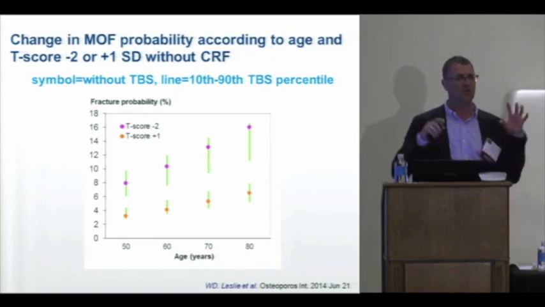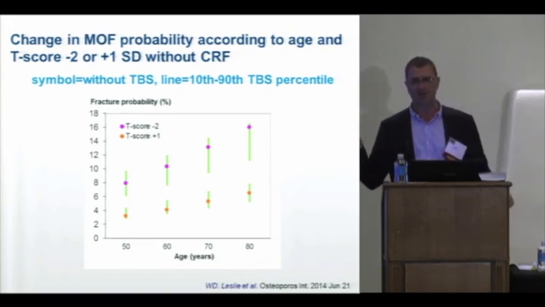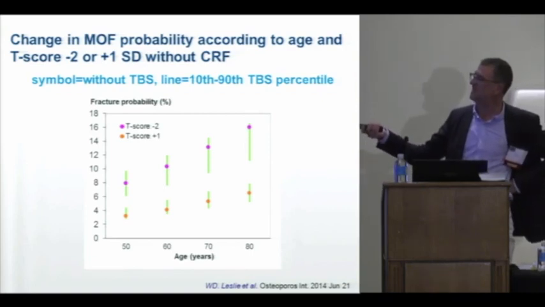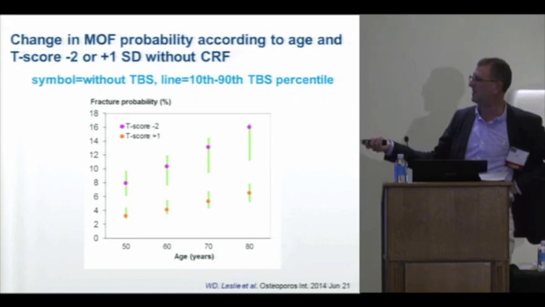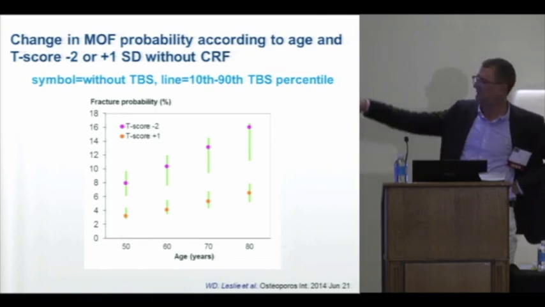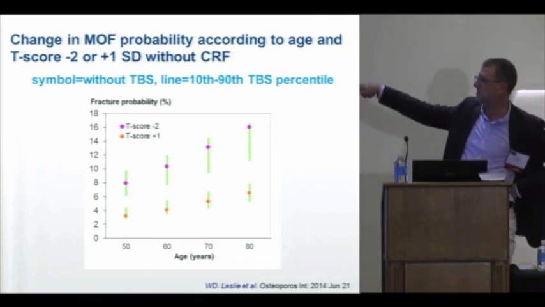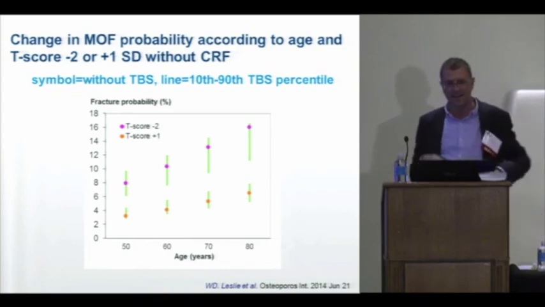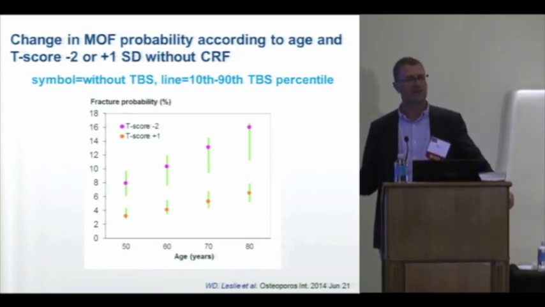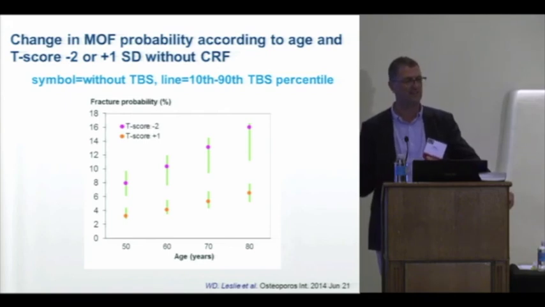It provides a new model of FRAX, again a FRAX modifier, where for a BMD T-score of -2 or +1, depending on the fracture probability, that means depending on the value of TBS, you will have an influence which varies as a function of age, and the death hazards, they take that into account, and that will influence the FRAX outcome.